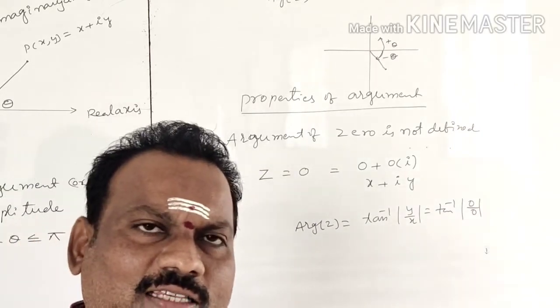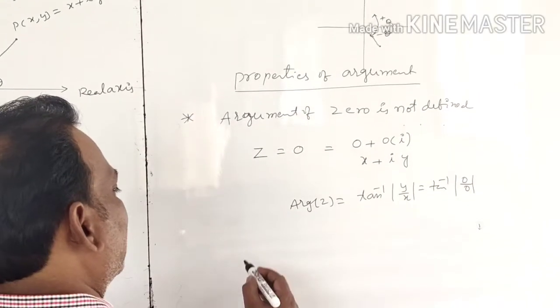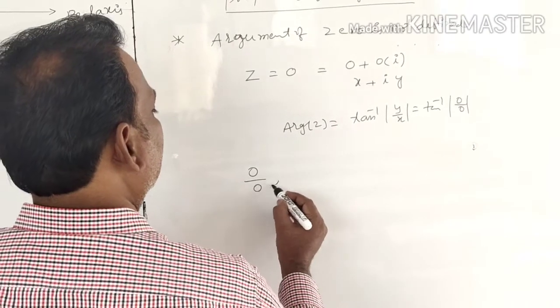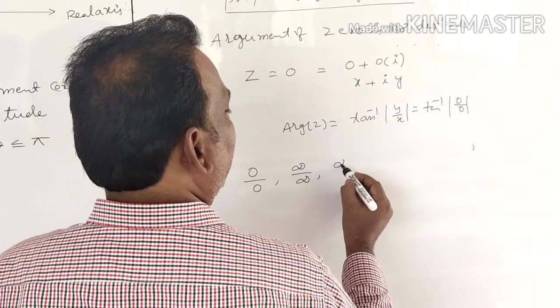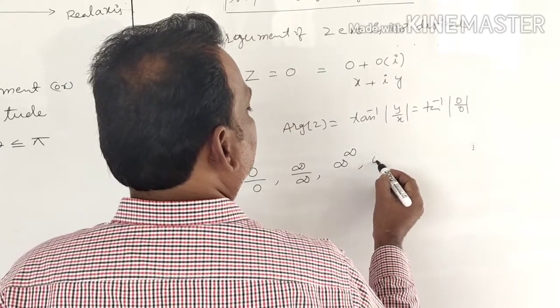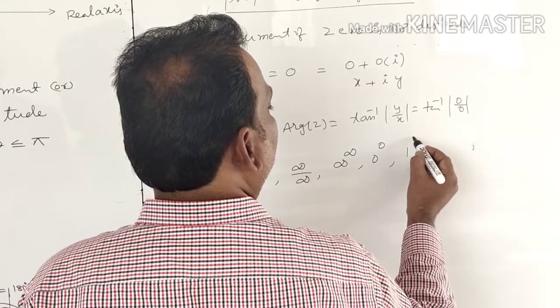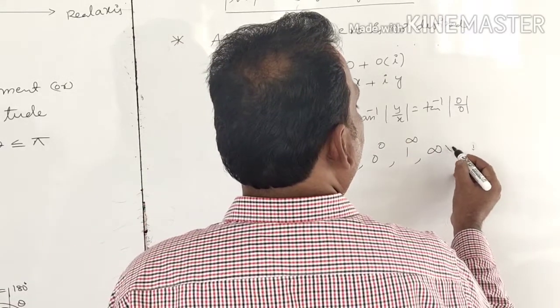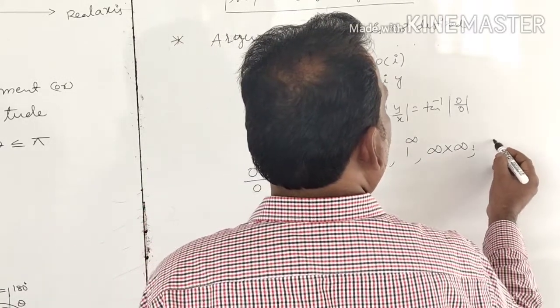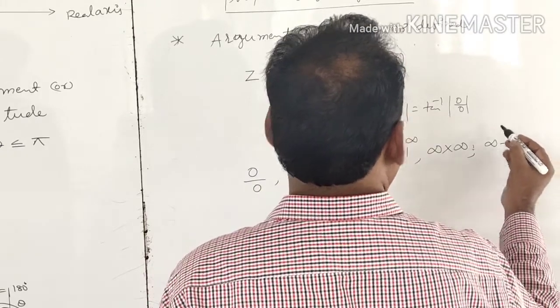0 by 0 is an undetermined form. We have seven undetermined forms: 0 by 0, infinity by infinity, infinity power infinity, 0 power 0, 1 power infinity, 0 into infinity, and infinity minus infinity.